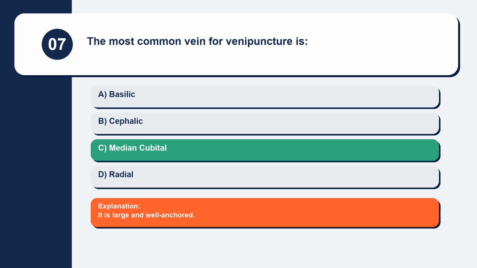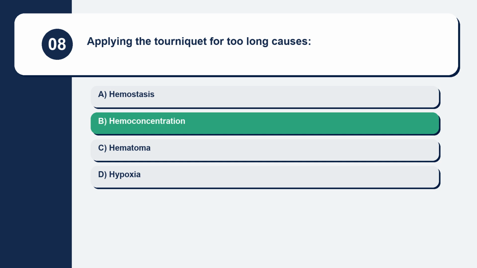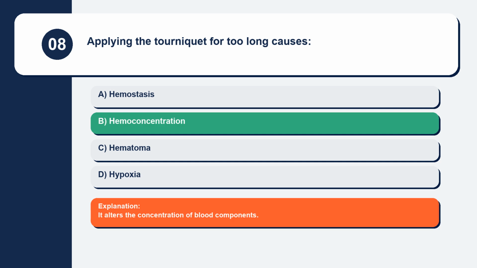It is large and well anchored. Question 8. Applying the tourniquet for too long causes hemostasis, hemoconcentration, hematoma, hypoxia. It alters the concentration of blood components.